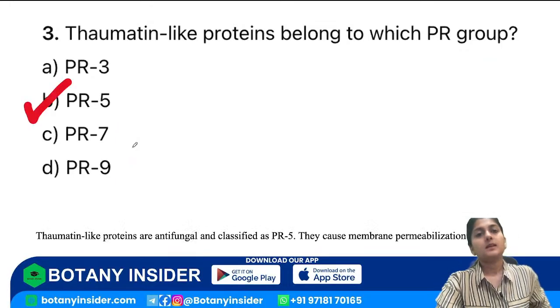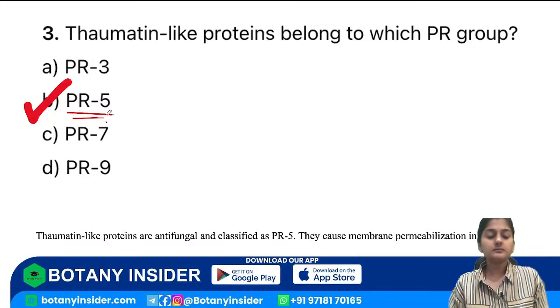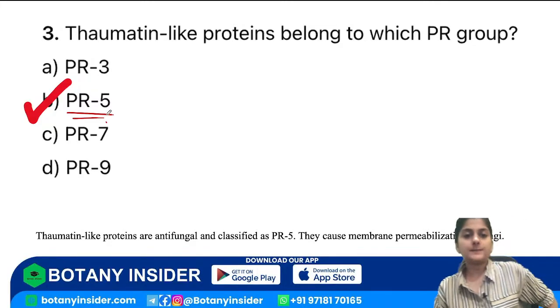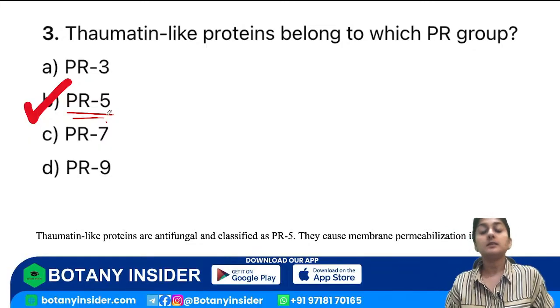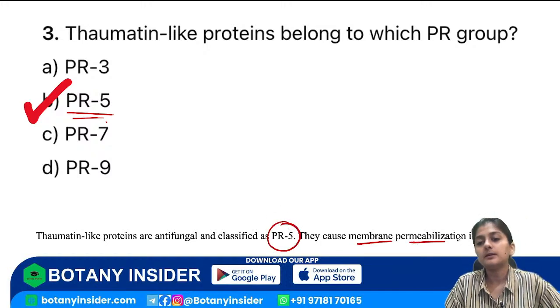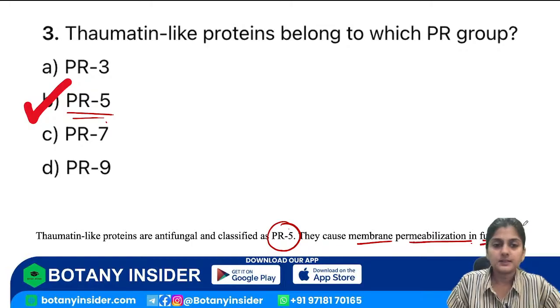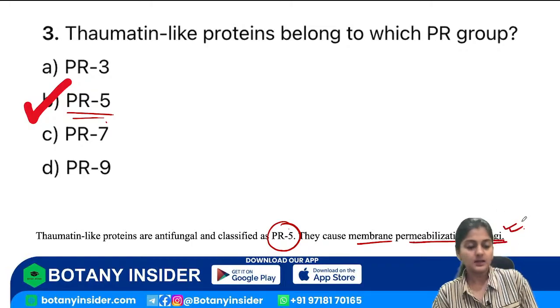Let's see. Thaumatin like protein belongs to PR5. You have to remember all these parts. They cause membrane permeabilization in the fungi, right? So B is the answer for this particular question.